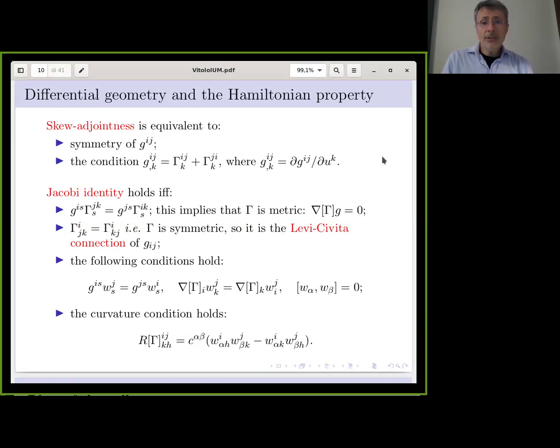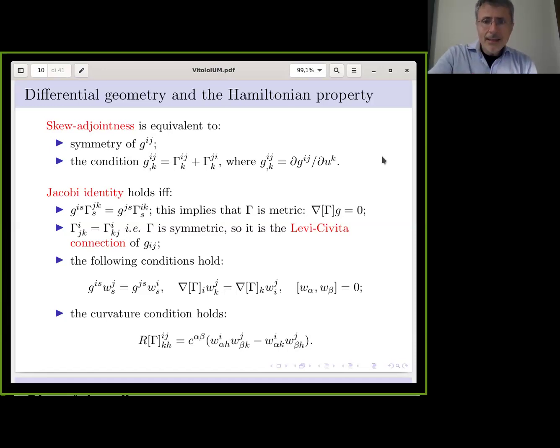And the first one, which is listed here together with the previous ones, implies that G, the leading coefficient matrix, behaves like a pseudo-Riemannian metric, and okay, the inverse of a pseudo-Riemannian metric. And this metric is the Levi-Civita, sorry, not exactly.